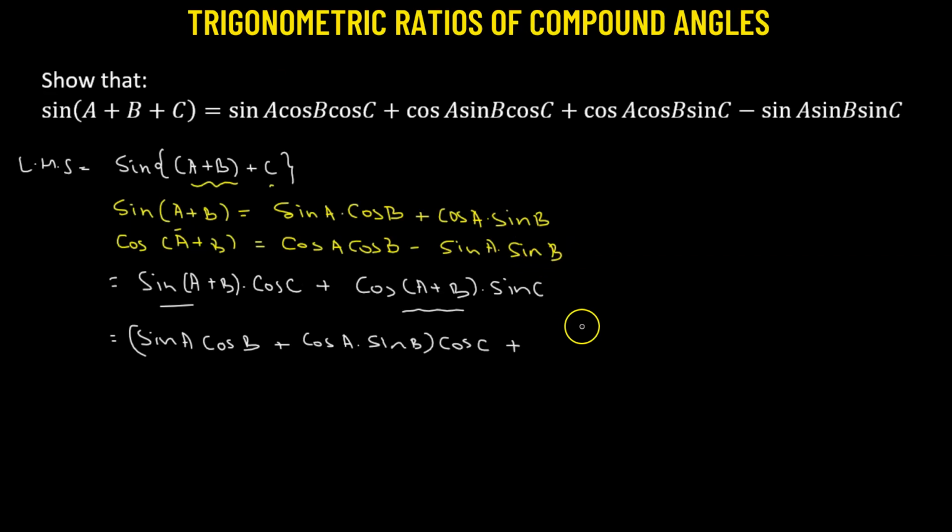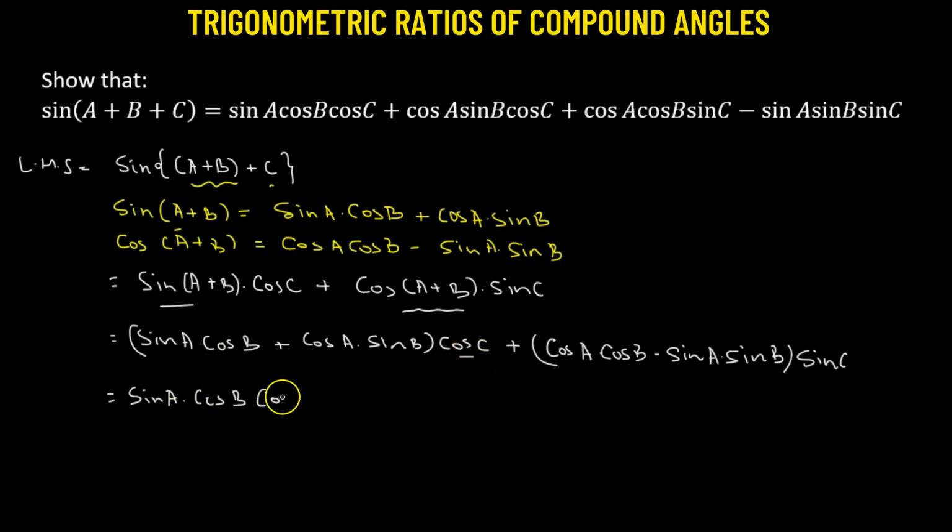Let's use this. So we should get cosine of a times cosine of b minus sine of a multiplied to sine of b, whole multiplied to sine c. So that will be equal to sine a times cosine b multiplied to cosine c.